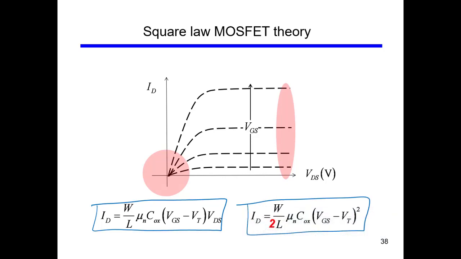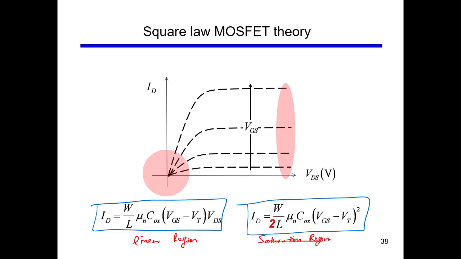So let's start from where we left, and where we left was that there were two equations. One was valid in the linear region, okay, and the other was valid in the saturation region.